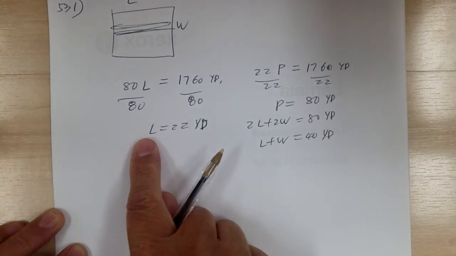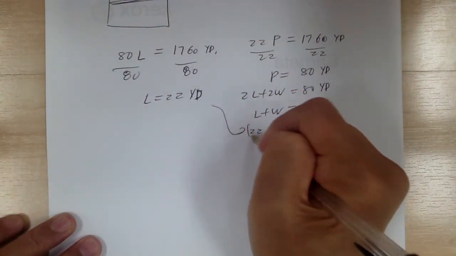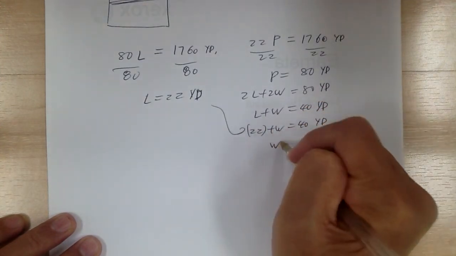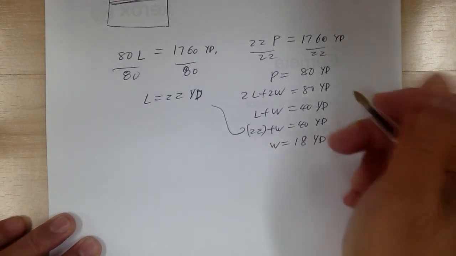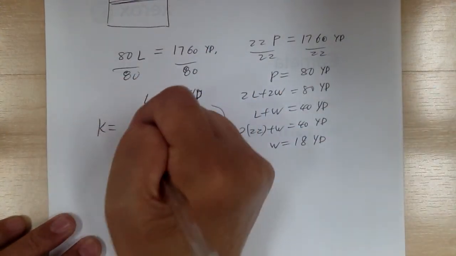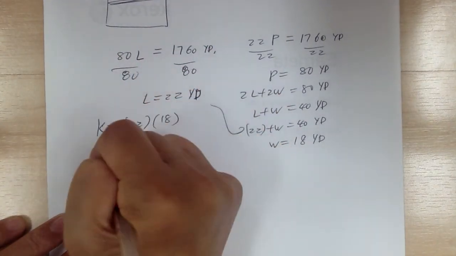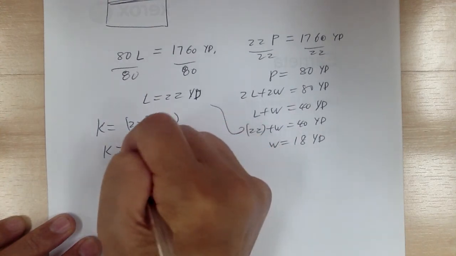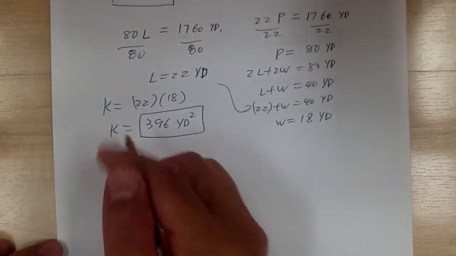So once we find L equal to 22, you substitute into here, so W will equal 18 yards. Okay, so the area of the swimming pool, the length times width, would be 22 times 18. So area will equal 396 square yards. Okay, let's go to the next one.